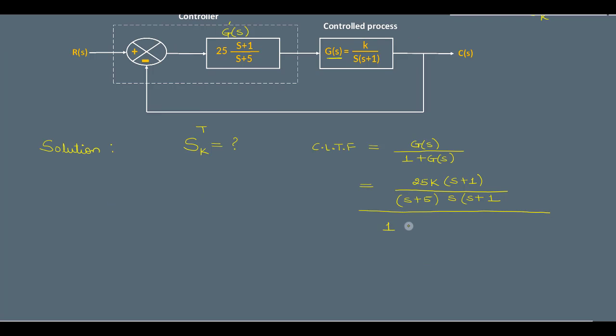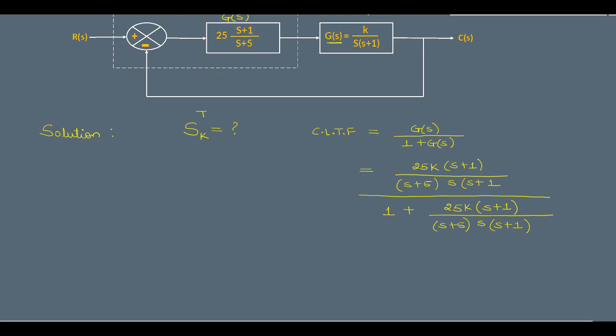Upon 1 plus G of S. So again 25K into S plus 1 upon S plus 5 into S plus 1. So this is nothing but our closed loop transfer function.